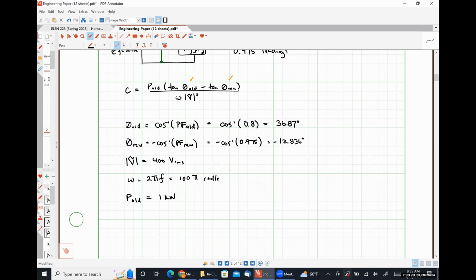All right, so let's just throw all these numbers into our calculator. I'm going to say 1,000, that's 1 kilowatt, times the tangent of 36.87 minus the tangent of negative 12.836. All of that is divided by 100 pi, times 400 squared.